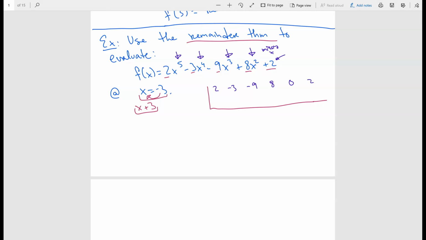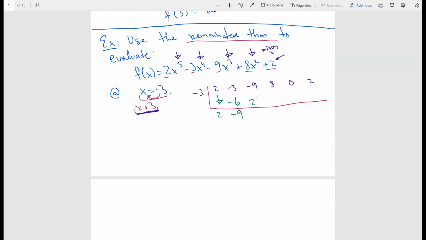Now, what's going to go on the outside? Here's our linear factor, x plus 3, so this is going to change the sign to -3. Now we just use synthetic division. We bring down the 2. We multiply, and we get -6, and this is going to give me a -9 when added.